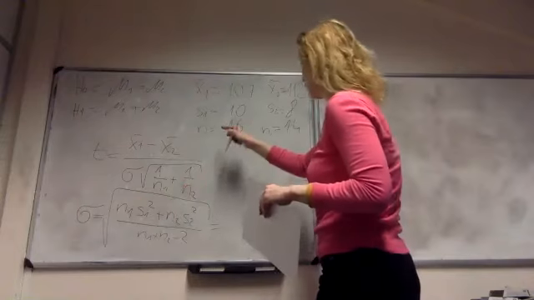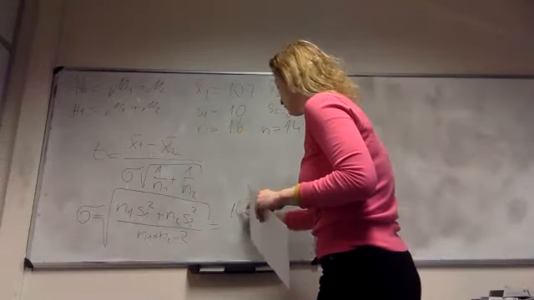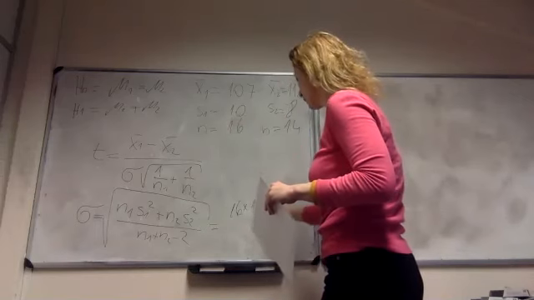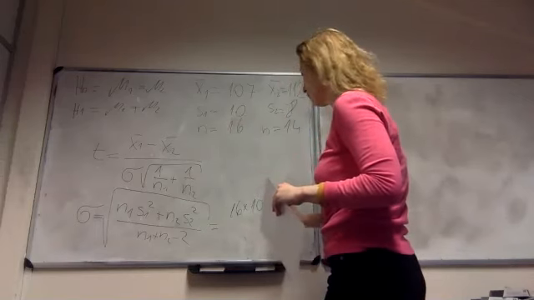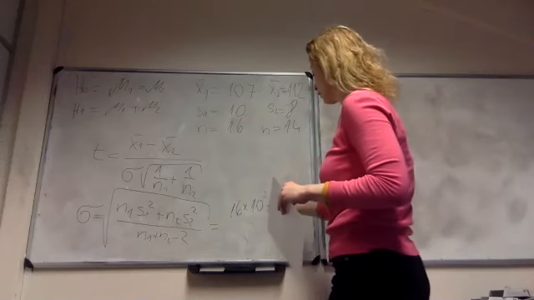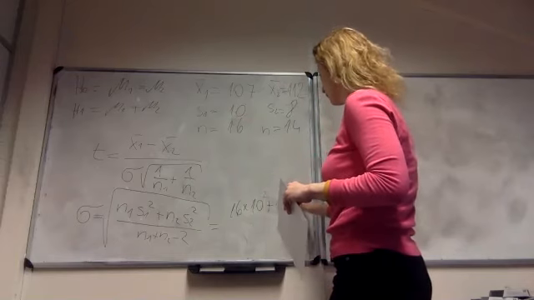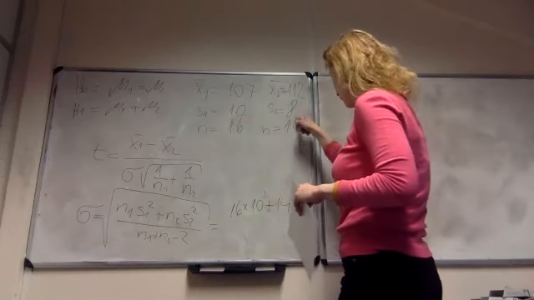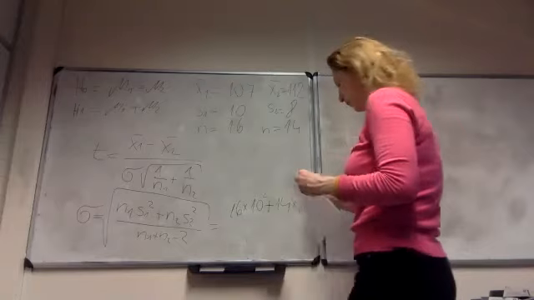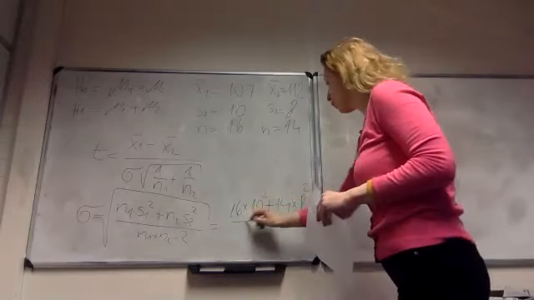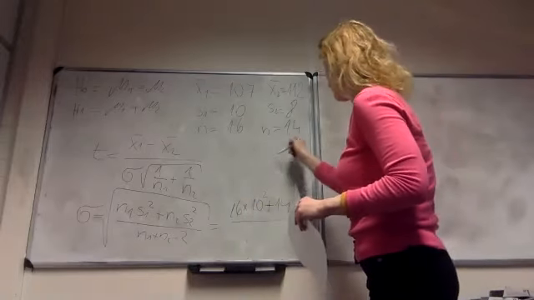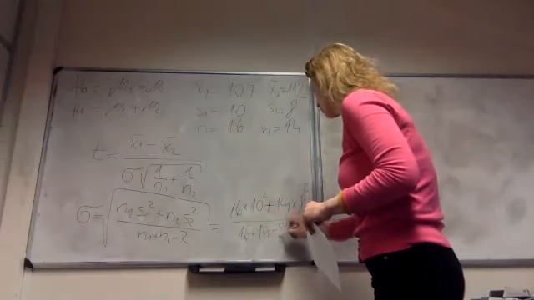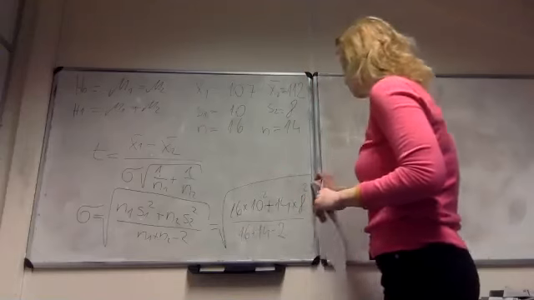The first sample size is 16 times the standard deviation 10, so 10 squared, plus the second sample size 14 times its standard deviation 8, so 8 squared, over N1 plus N2, 16 plus 14 minus 2, and the entire thing is under the square root.